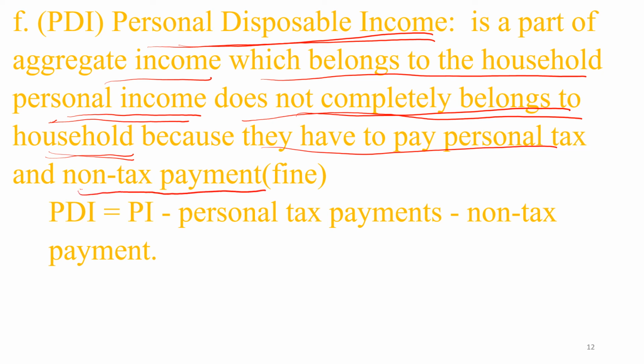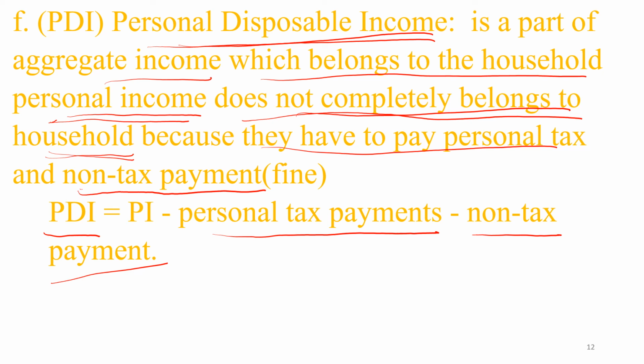When you pay non-tax payment or tax payment, then that money won't be available to you. The remaining you have to use for consumption or for saving. Because of that reason, personal disposable income is equal to personal income minus personal tax payments minus non-tax payments.